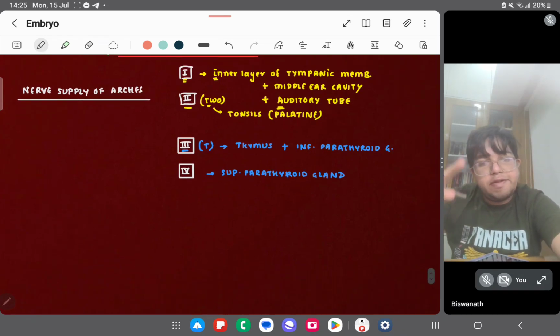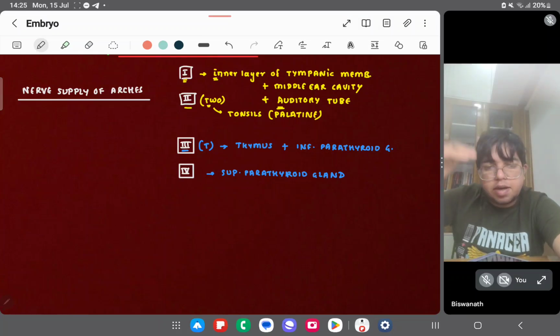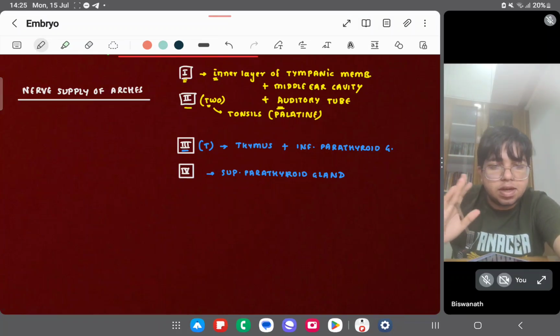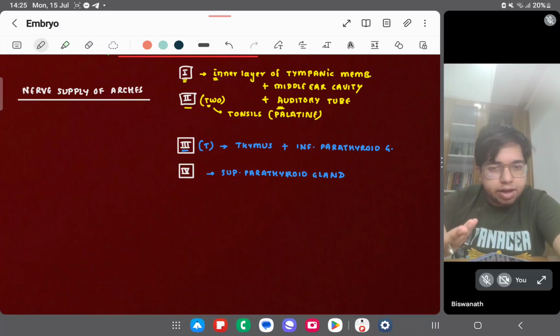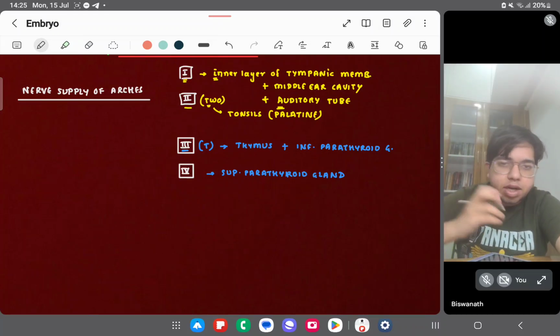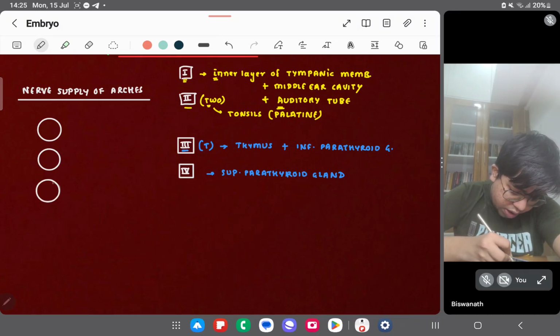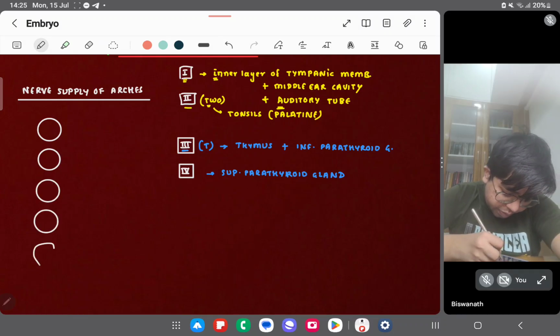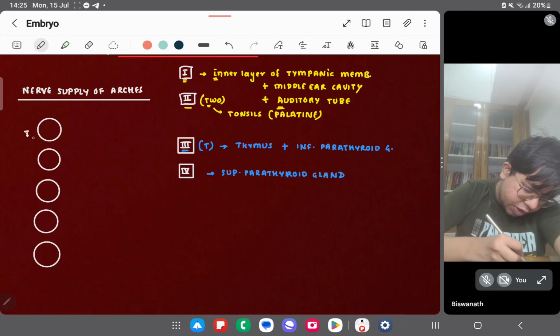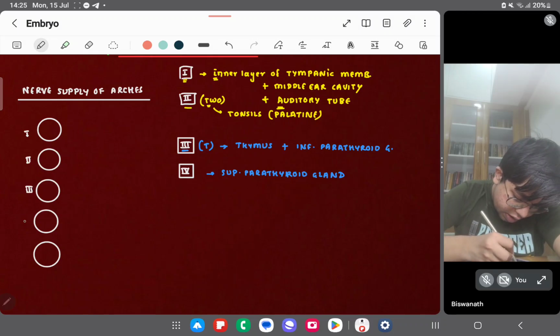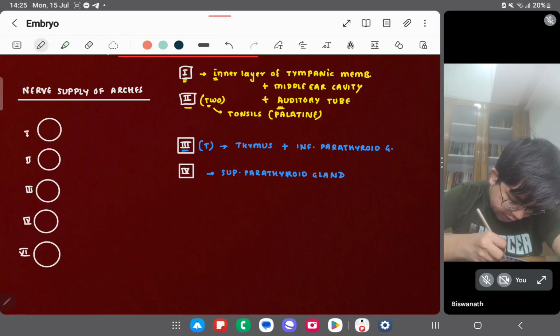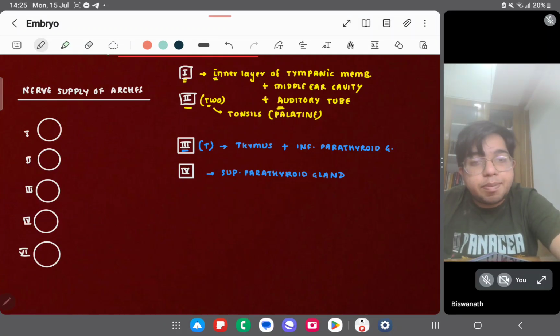So I'm drawing 5 circles here, and I'm writing the nerves in sequence of which nerve is supplying which arch. I'm drawing 5 circles here. 1, 2, 3, 4, 5 arches. So first, second, third, fourth, and sixth. Okay, and which nerve is supplying it?